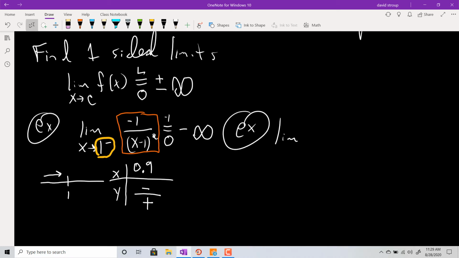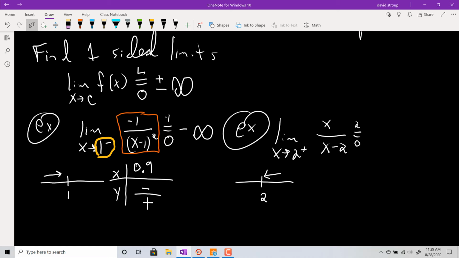So the limit as x approaches 2 from the right of x over x minus 2. Again, if you plug in 2, you'll get 2 over 0. So you know it's either positive or negative infinity. So I'm going to do my number line. I'm approaching from the right.